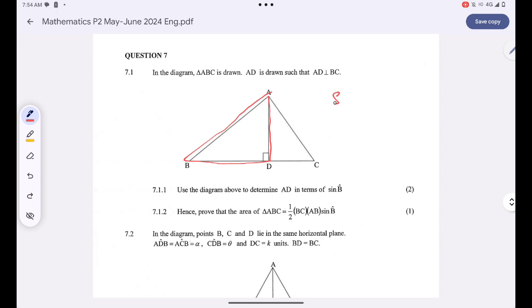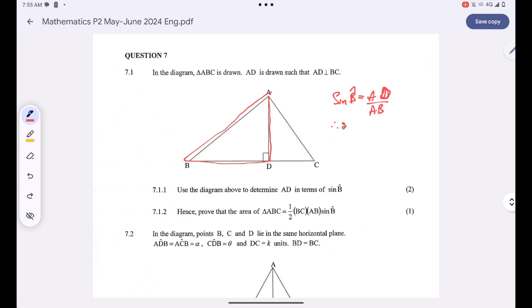I know that sine of angle B is equal to opposite over hypotenuse. The side which is opposite the angle B is AD, and the hypotenuse is just the side which is opposite the 90 degrees angle. So this is not AB rather, but AD divided by AB.